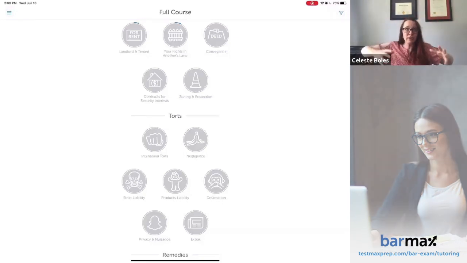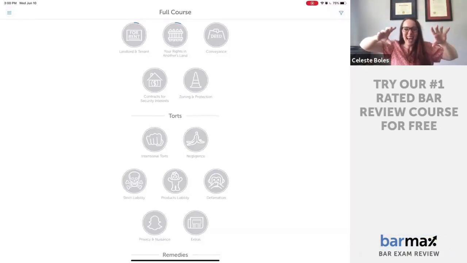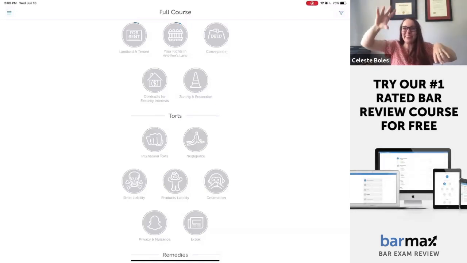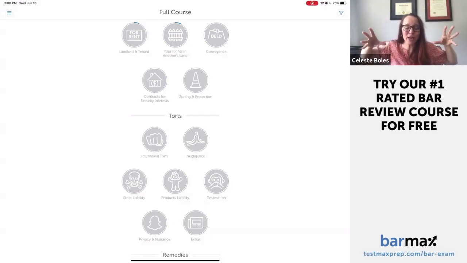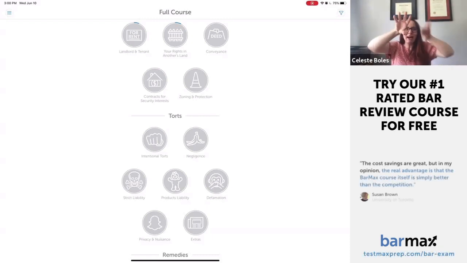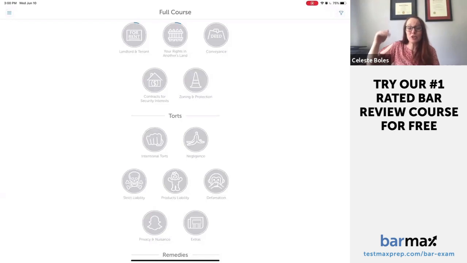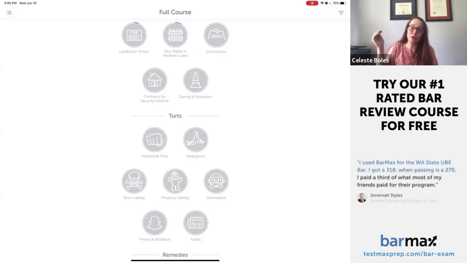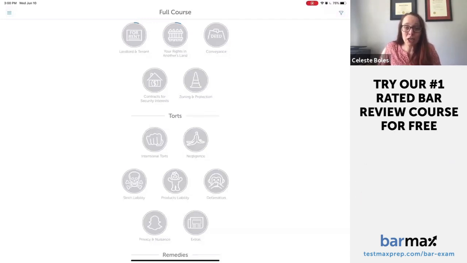I had a big chart of the rules of evidence, and the things that were the same were in the middle, and then the things that were federal and Massachusetts. Massachusetts is UBE now, but my first bar state was Massachusetts. I had arrows going off to the side to remember which was which. Like, here's what's different from the federal rule. I'd have a little arrow going over to Massachusetts. That was one crazy looking chart, but it worked for me.